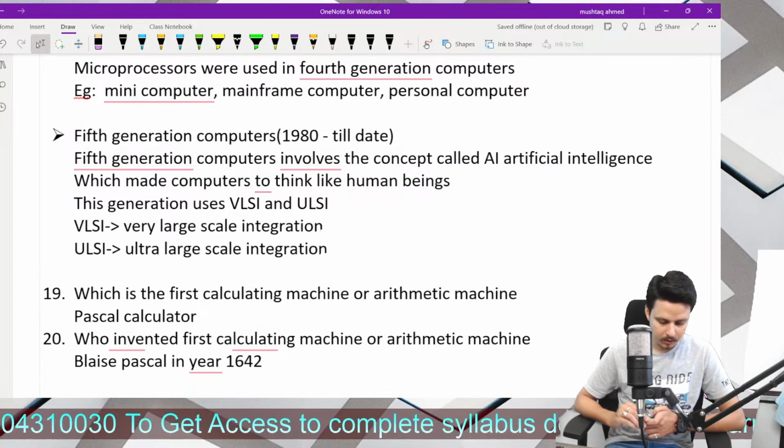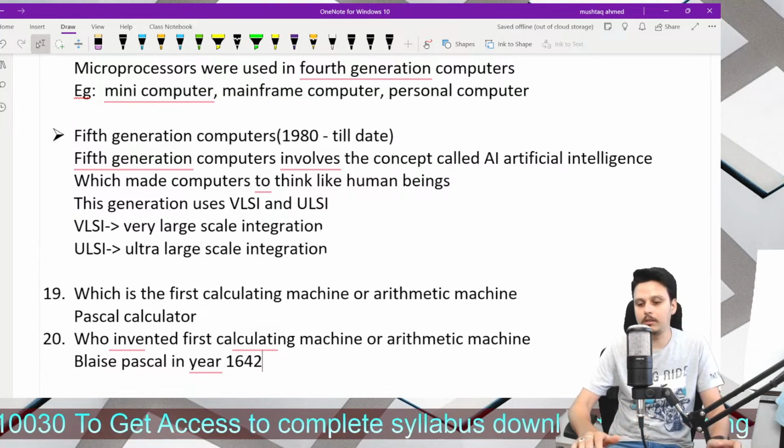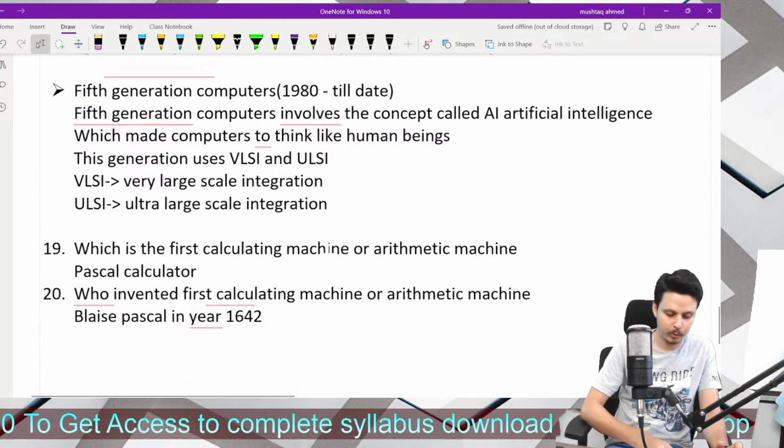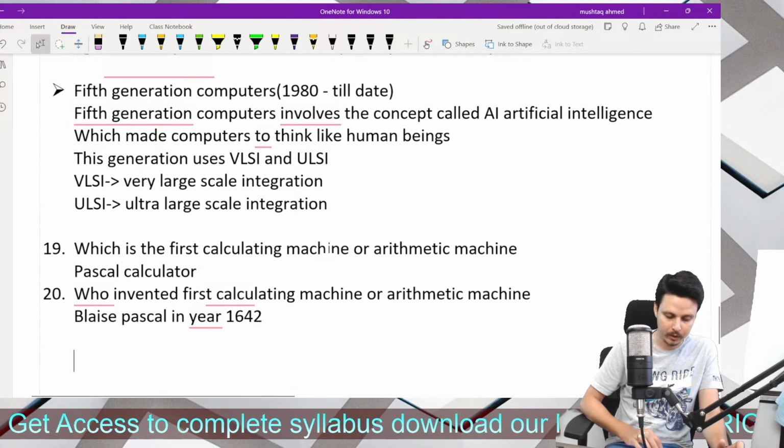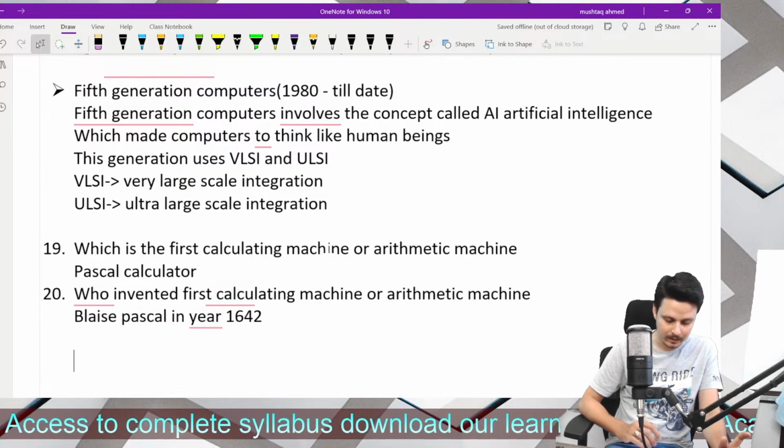Who is the first lady programmer? Who is the father of computers? All these are one word answers.